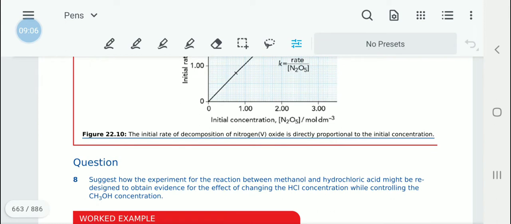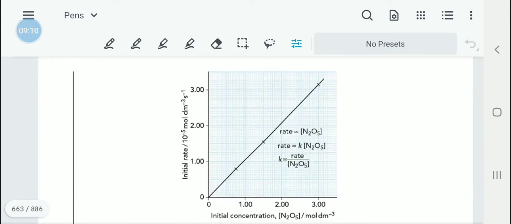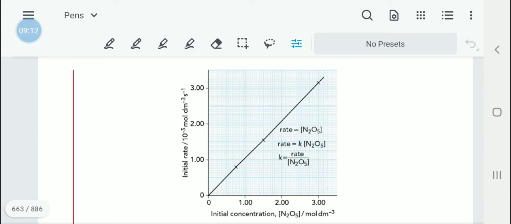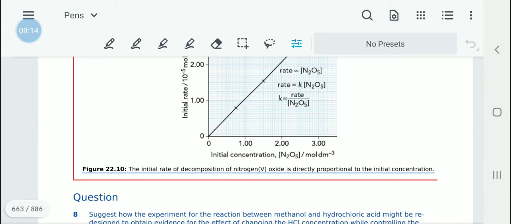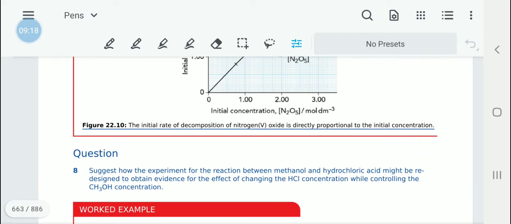As a result, we can draw the initial rate against initial concentration, and that gives us a straight line, so that we understand the direct proportionality of the initial concentration against the rate.